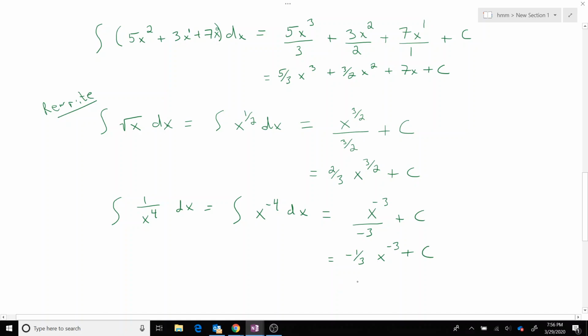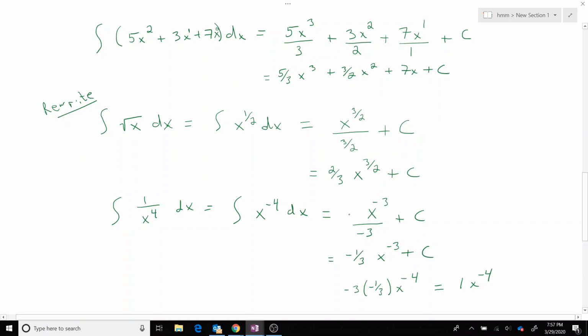So if I took the derivative of that, I would take the exponent and multiply it, and then I would subtract 1 from the exponent, and the c would disappear, and you could see I end up with 1 x to the minus 4th, which is exactly what we had right here in the beginning.